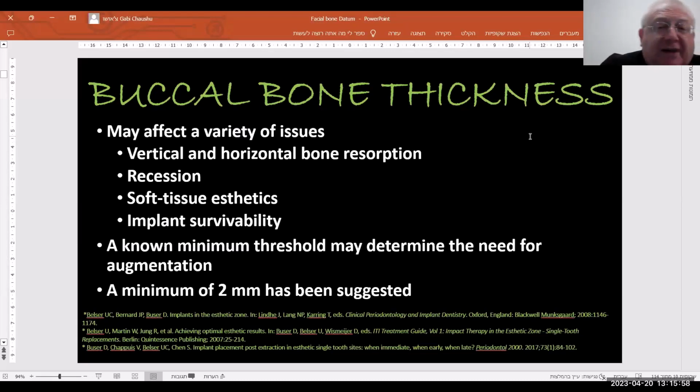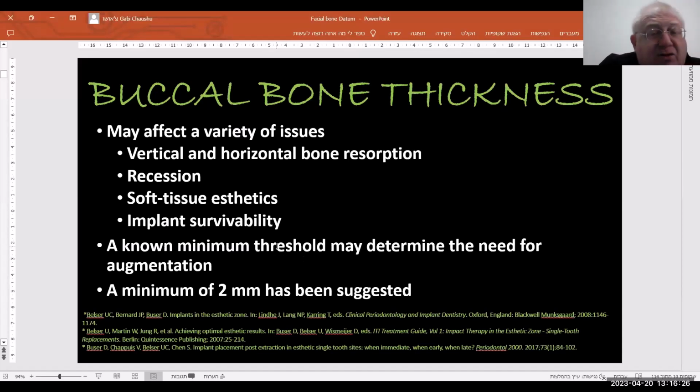And when you look at the buccal bone thickness, it may affect a variety of issues. It may affect the vertical and horizontal bone resorption, which is followed, of course, by recession, which will affect finally the soft tissue aesthetic and the implant survivability. And if we define a minimum threshold, it can help us determine in what cases we need to perform augmentation.